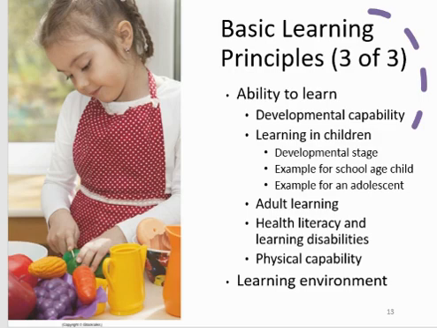Adult learners have their own aspects of learning as well. And some things to consider about adult learning is the level of health literacy. So, health literacy is those cognitive and social skills that help the ability of the individual to gain access to, understand, and to use information that promotes good health.